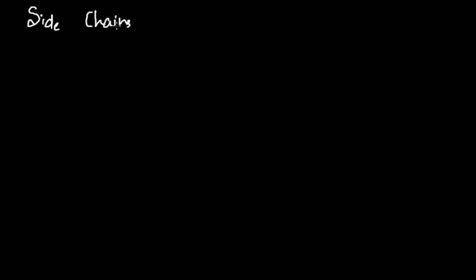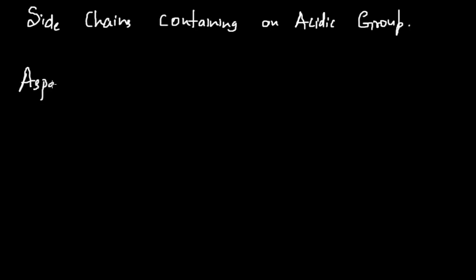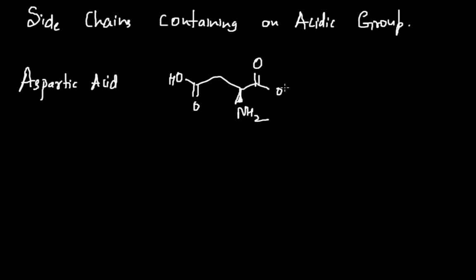Side chains containing an acidic group: you have aspartic acid, which is abbreviated as D or ASP.